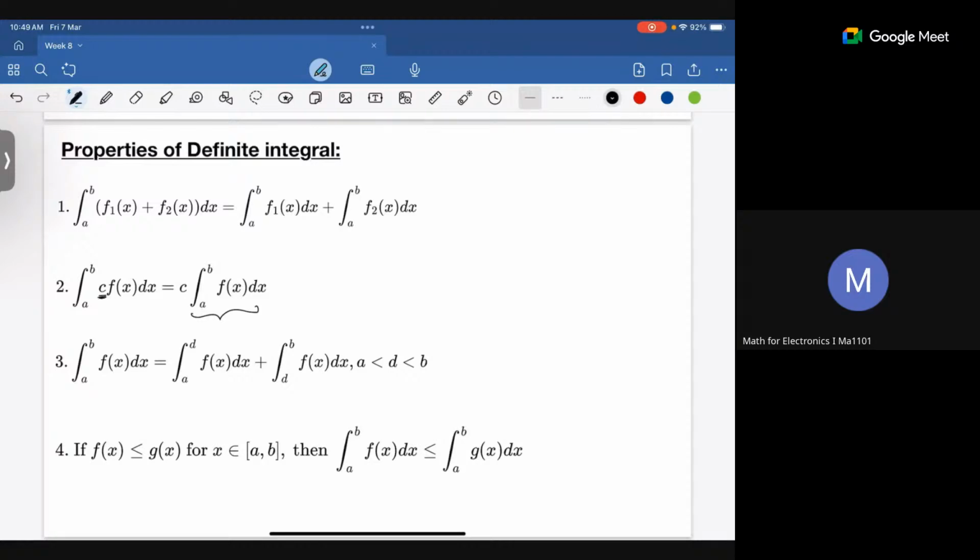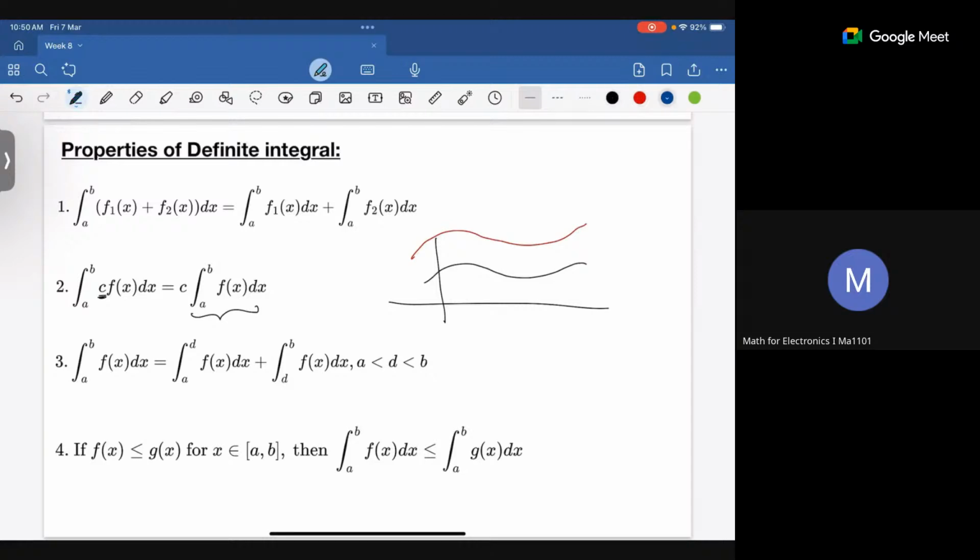So why do we have to pull it out from the integral? It's like even in a graph, you see, if this is f of x, and if c is 2, you'll have this, right?